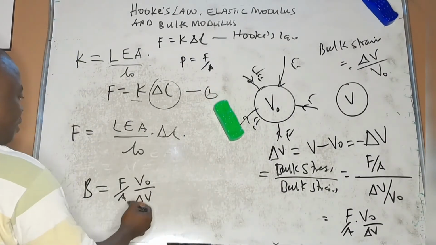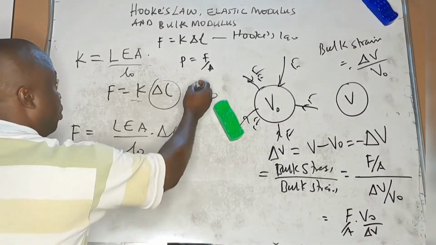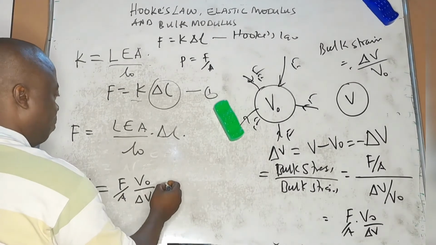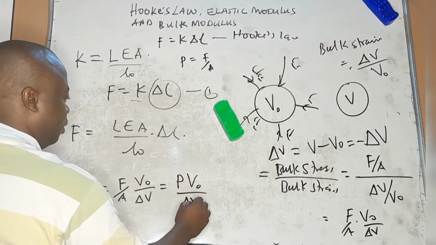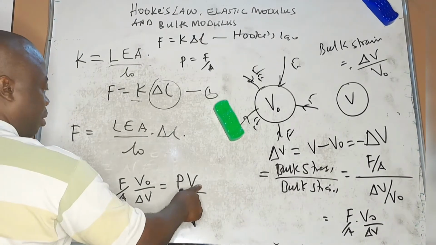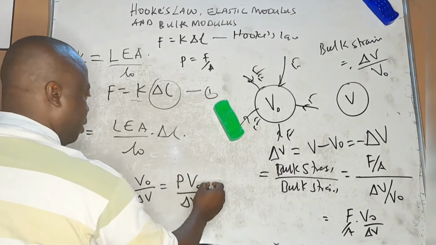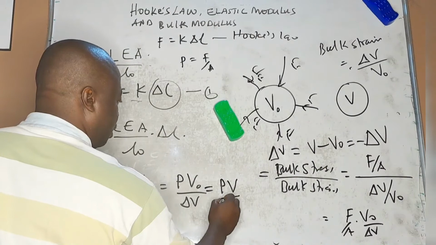So we could just replace this. When we're talking about liquids, we could just replace force per unit area by P, pressure. So B equals P V naught all over change in V. I can just neglect the naught since it's only V, so I have P V all over change in V.